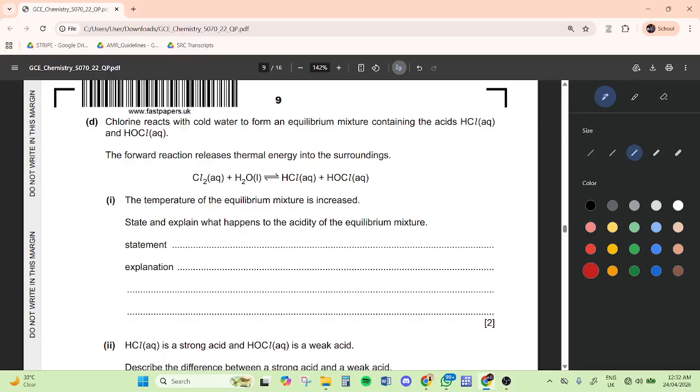So your statement is going to be what happens to the acidity. They've already said that the forward reaction releases thermal energy. So that means that the forward reaction is exothermic. If the forward reaction is exothermic, then the backward reaction is going to be endothermic.